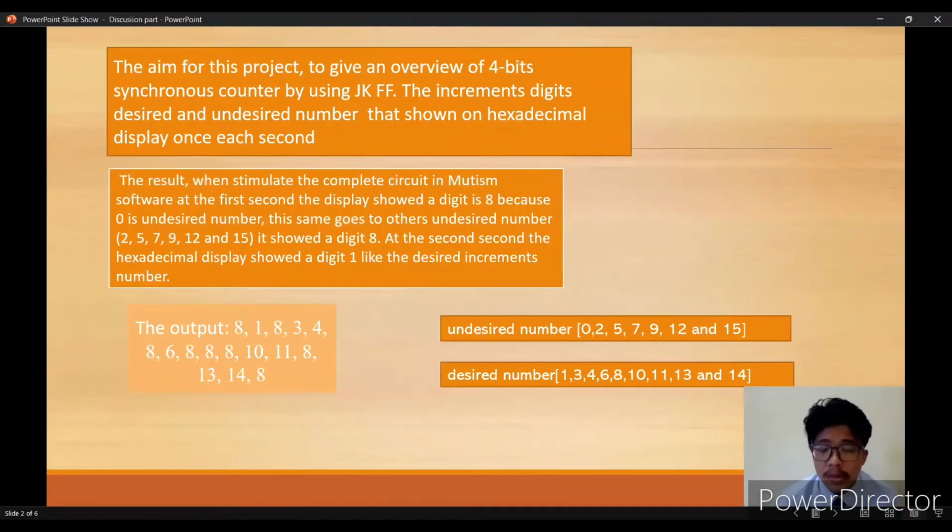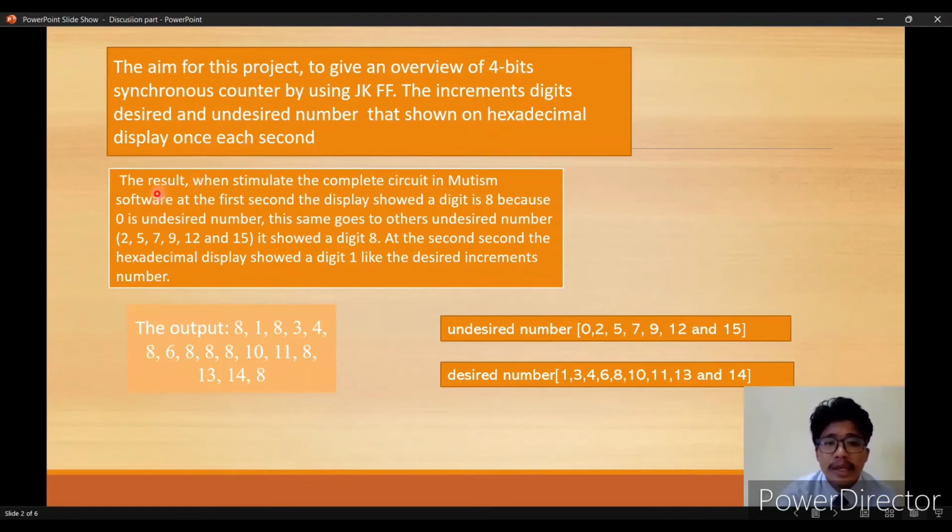The aim of this project is to give an overview of a 4-bit synchronous counter by using JK flip-flops. In this project, we have implemented the circuit that increments digits, combining desired and undesired numbers, shown on the hexadecimal display once each second.